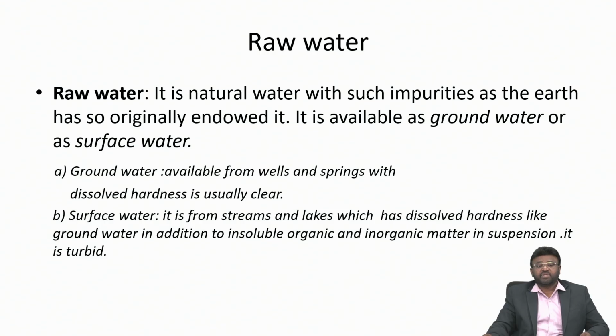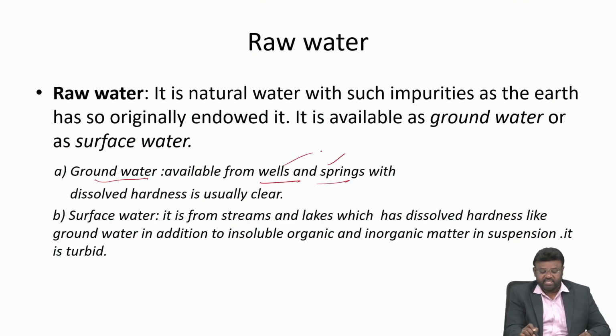Raw water is nothing but natural water with some impurities, as the earth has originally endowed it. For example, we have ground wells as indicated here. A ground well is one example of raw water, because it is also available as springs and wells. Sometimes surface waters, the streams and lakes, are also given as examples of raw water.